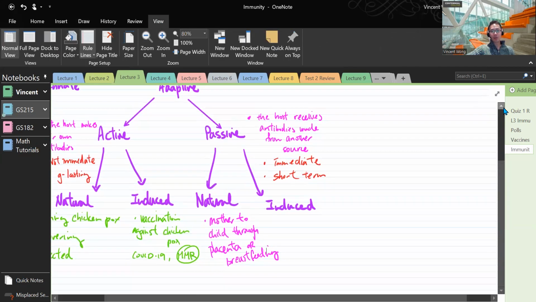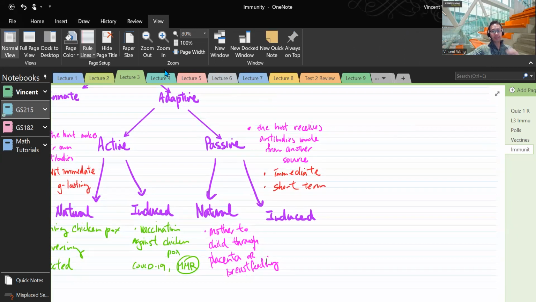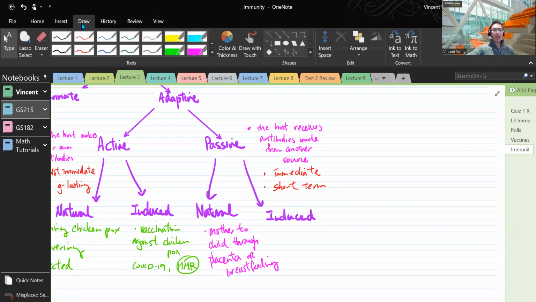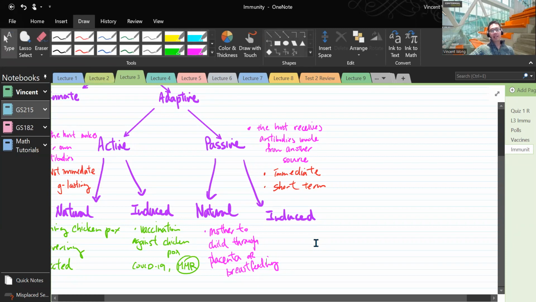Induced. What is induced passive? Induced passive is a situation where I need to have protection. Well, okay, so first of all, let's just clarify. For induced passive, we can use it for prevention or treatment.